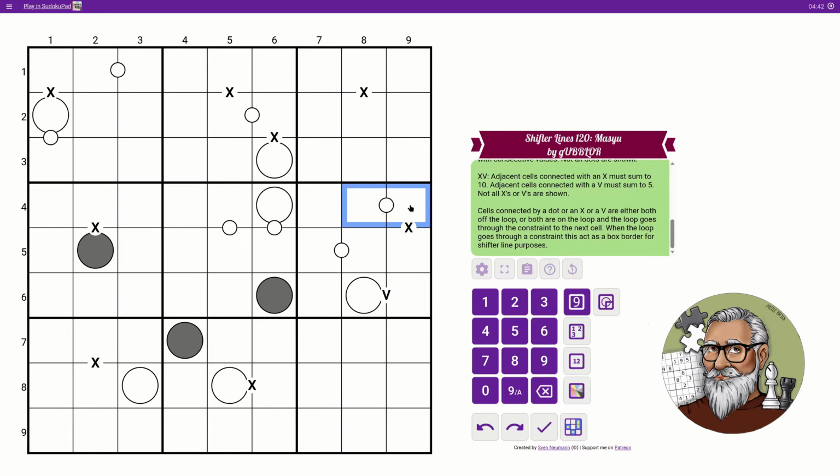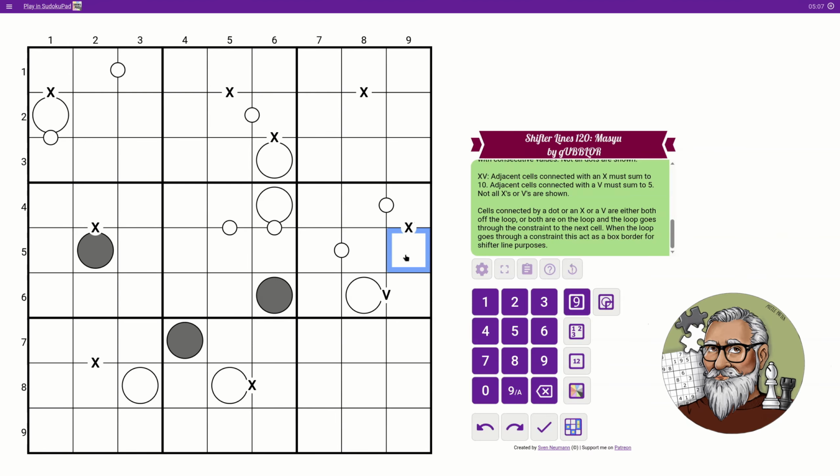Yeah, sure. When the loop goes through a constraint, that acts as a box border for shifter line purposes. Oh, okay. Right.